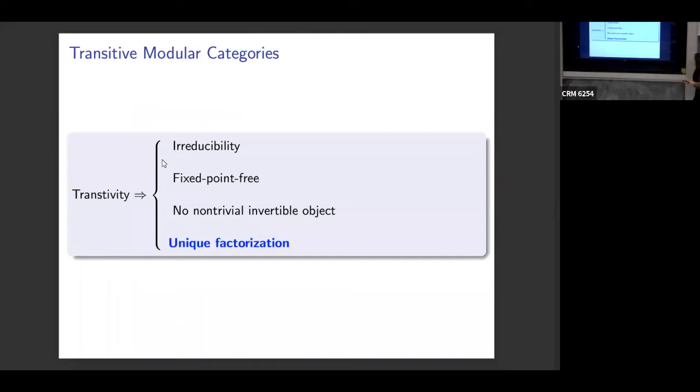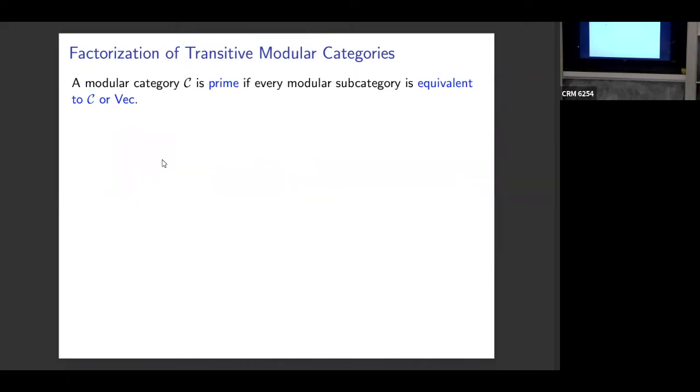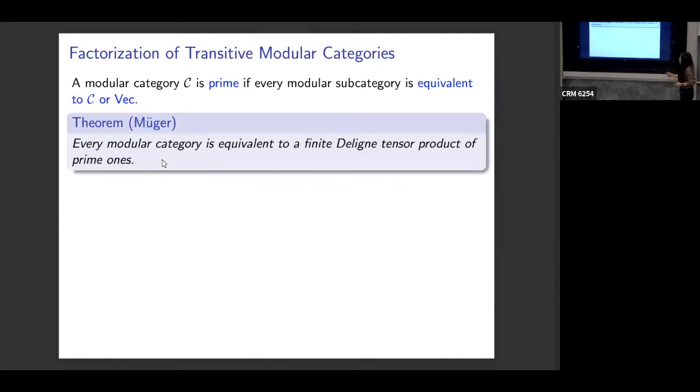Finally, to put everything together, we need to use a property that transitive modular categories have, which is unique factorization. Recall that a modular tensor category is prime if every modular subcategory is equivalent to itself or Vec. It is a result by Müger that every modular category is equivalent to a finite Deligne tensor product of prime ones.